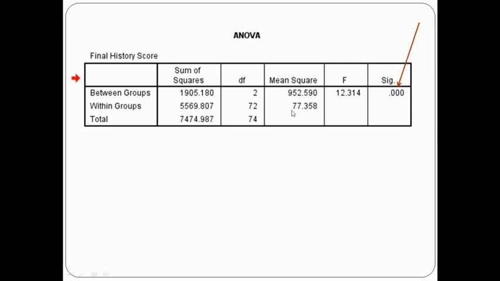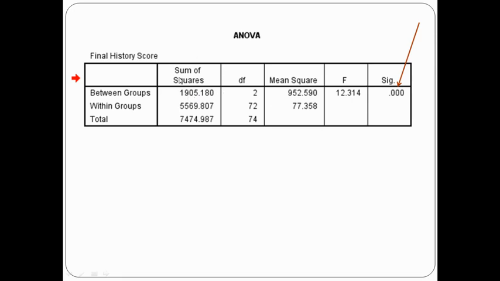And the mean square of within groups goes through the same steps. The last question is, where do the sums of squares come from? Well, again, they come from the subtraction.